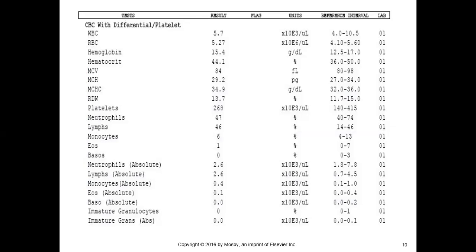And so I still have my white blood cells, my red blood cells, my hemoglobin and hematocrit. And then if I skip it down, I have my platelets. But I also have more details below that about the white blood cells. So for example, right below platelets, we have neutrophils, lymphocytes, monocytes, eosinophils, and basophils.